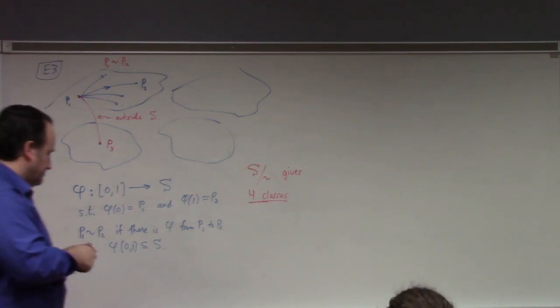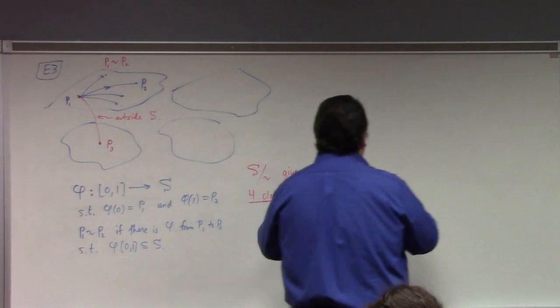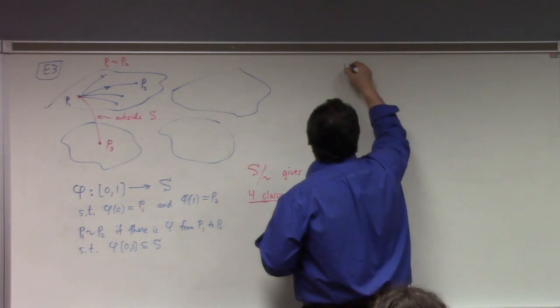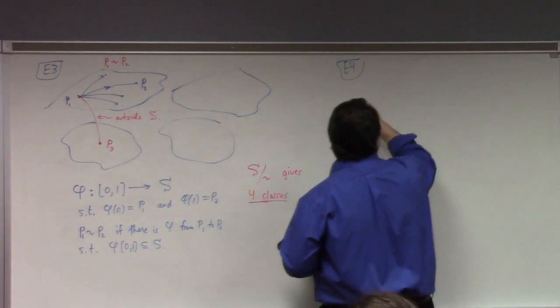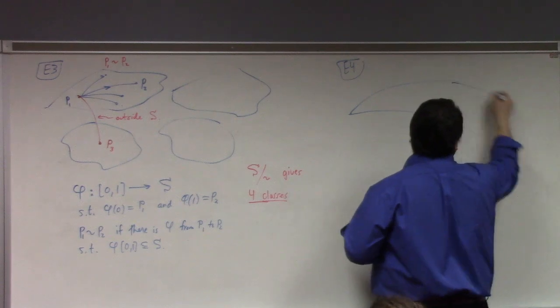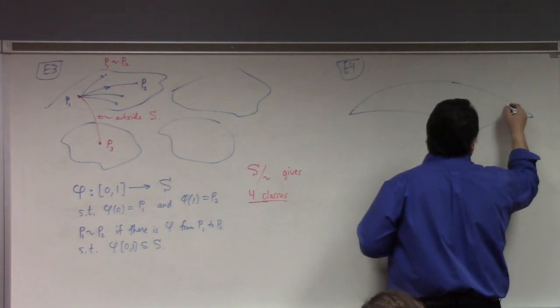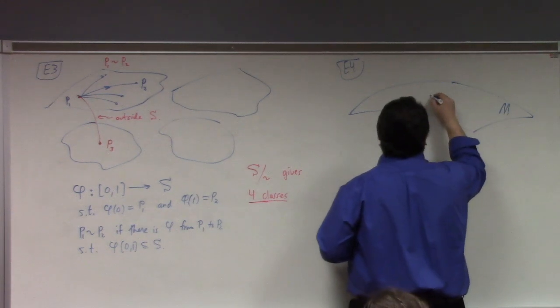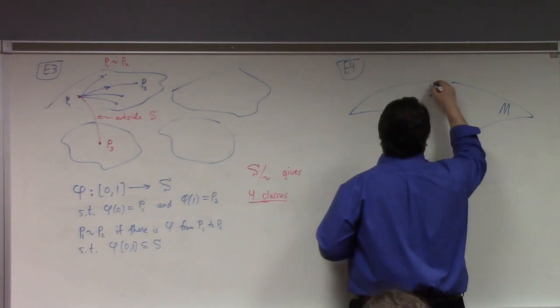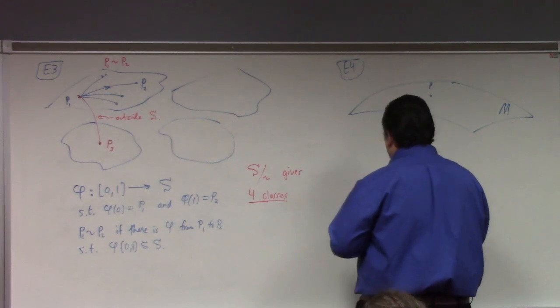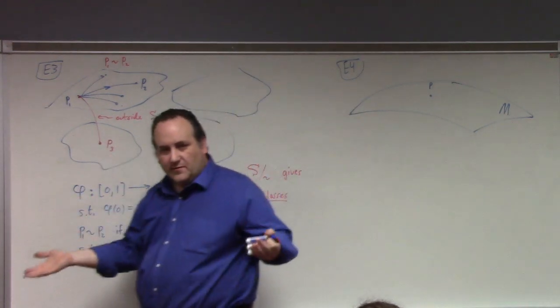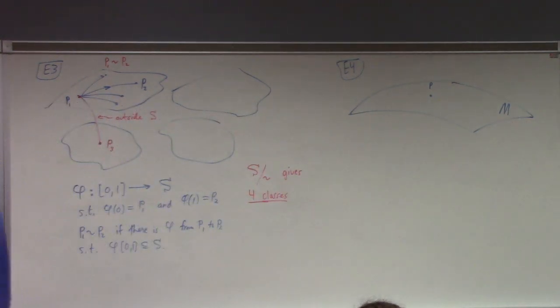Another example, and this is a little bit even weirder. Suppose we had a space, I'll call it M, and I take a point P in my space. This could be a sphere, a cylinder, something more abstract than that, perhaps.